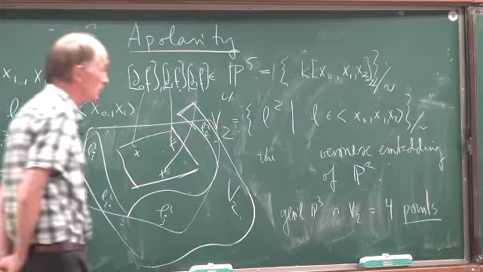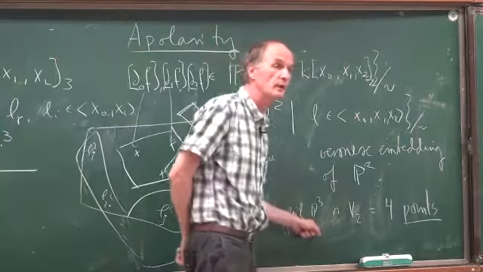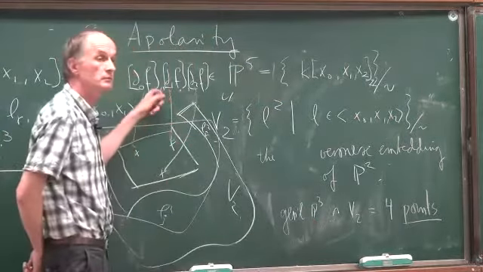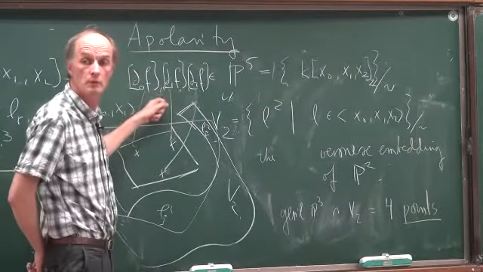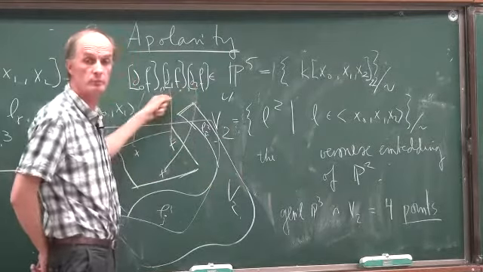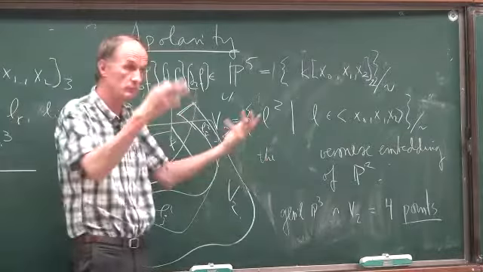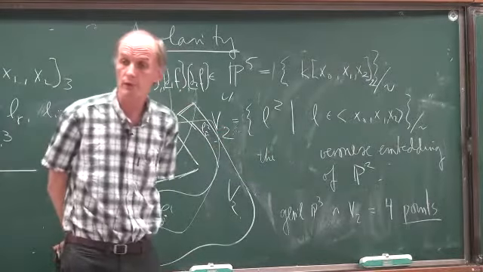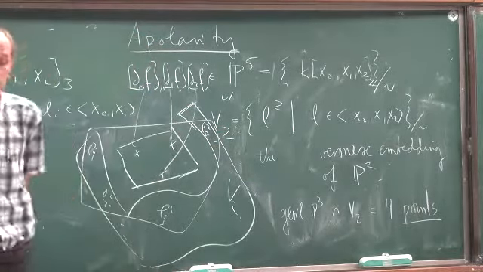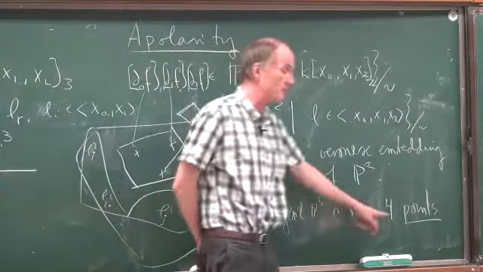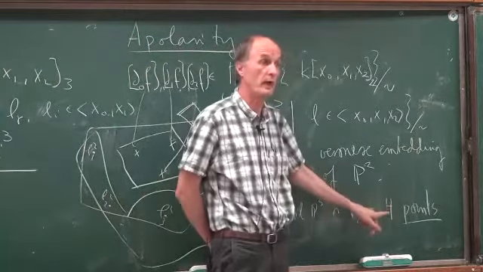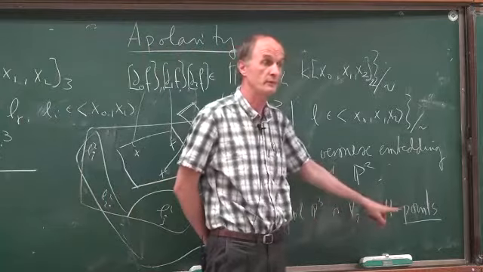Right? So if I can find a P3 that contains this plane and intersects the Veronese surface in 4 points that span, then I'm fine. Now, this intersection here, if it is 4 points, always spans the P3.